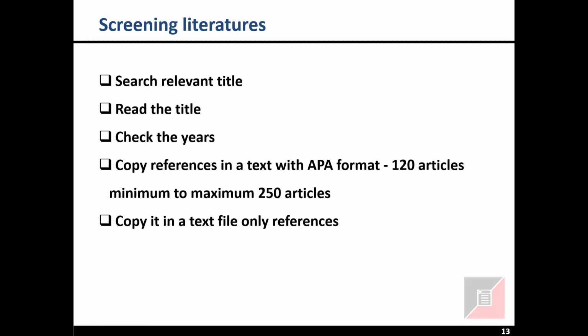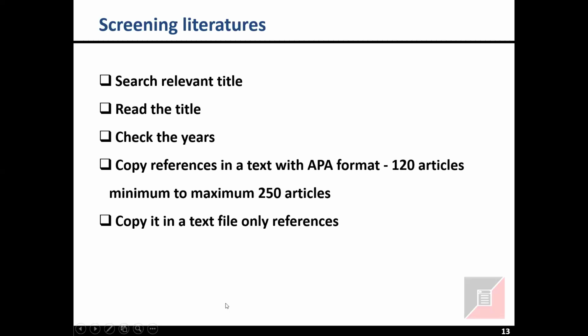While screening the literatures, the first option is to search relevant titles. When you search in Google or any source, the research work should be closely related to the title of the literature review which you are planning to do. And read the titles. Don't just randomly collect the first 100, first 150, first 200. Not like that. You read the title.